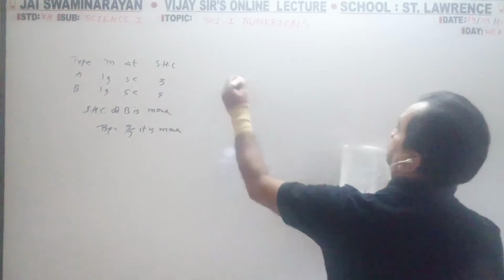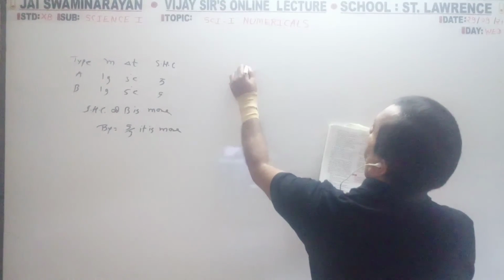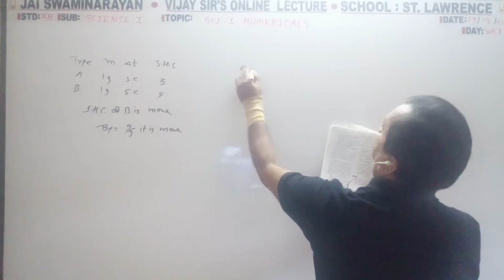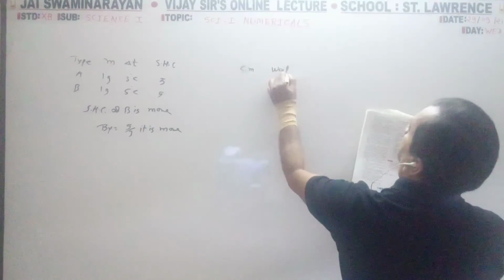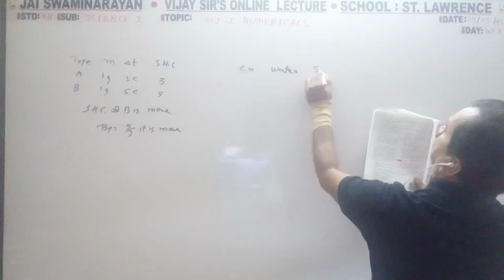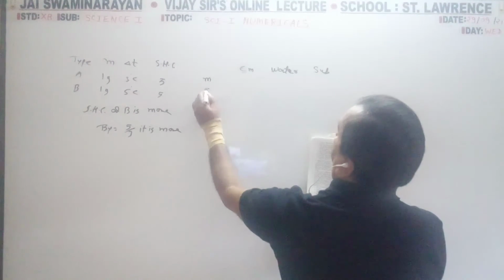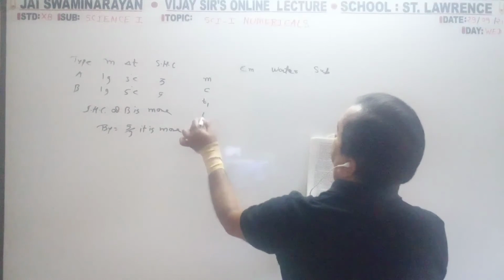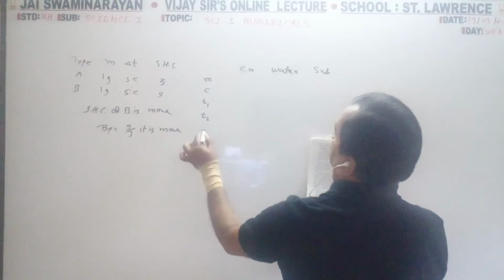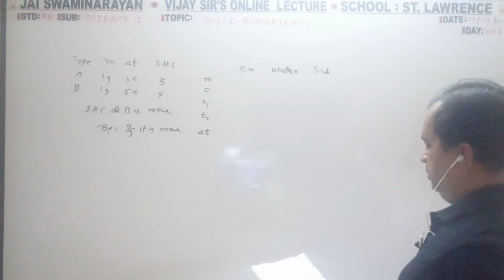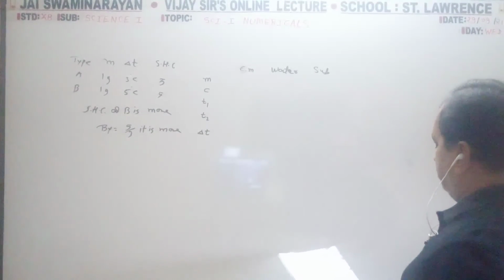This calorimeter, water, substance: MC, T1, T2, delta T. Calorimeter has a mass of 100 gram.